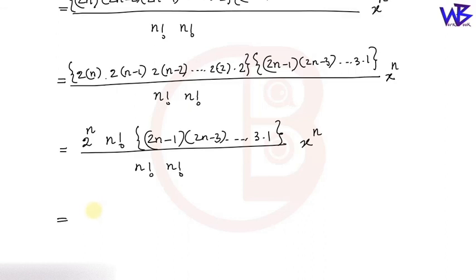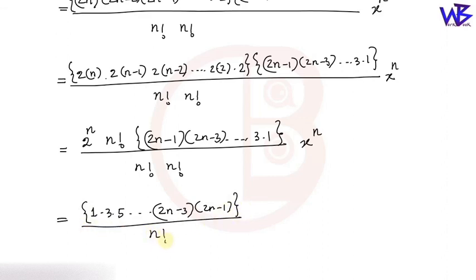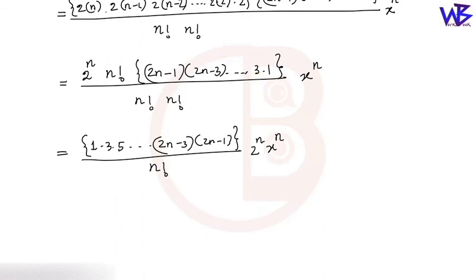So we will get 1 × 3 × 5 × ... × (2n − 3)(2n − 1) divided by n!, whole multiplied by 2^n x^n. This is what we needed to prove. Hence proved.